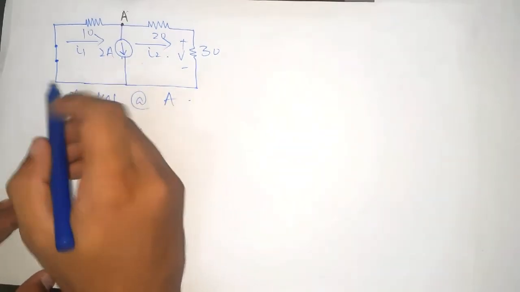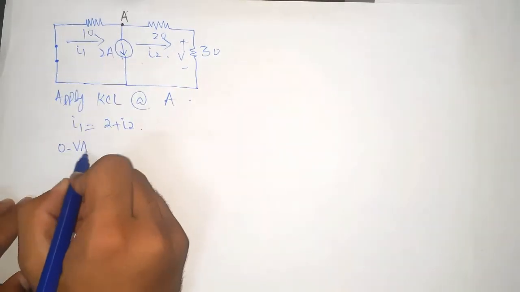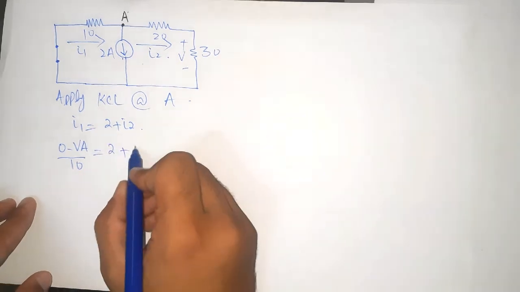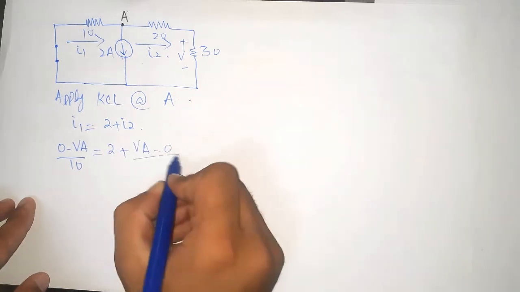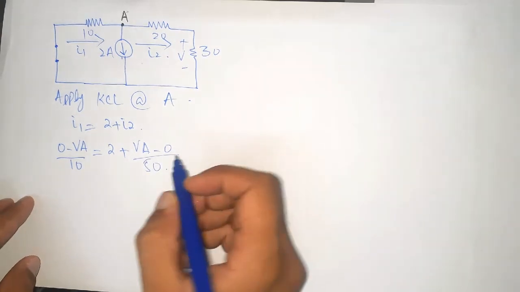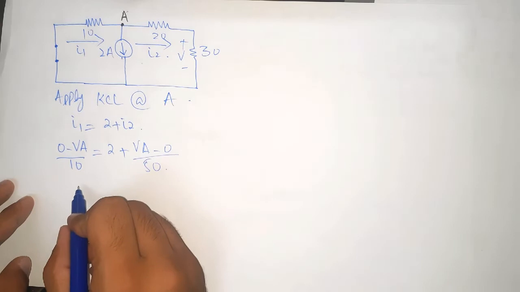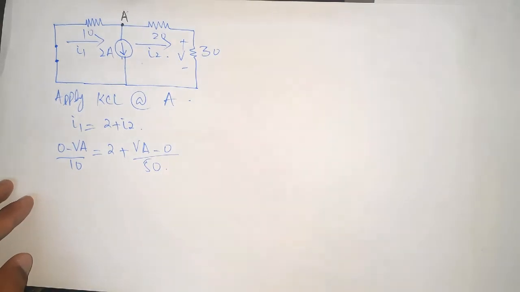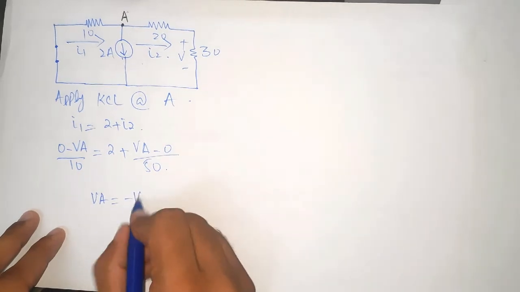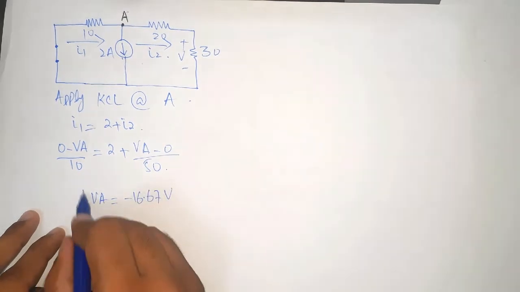So I1 becomes 0 minus VA divided by 10 is equal to 2 plus VA minus 0 divided by 50. So students, VA becomes minus 16.67 volts.